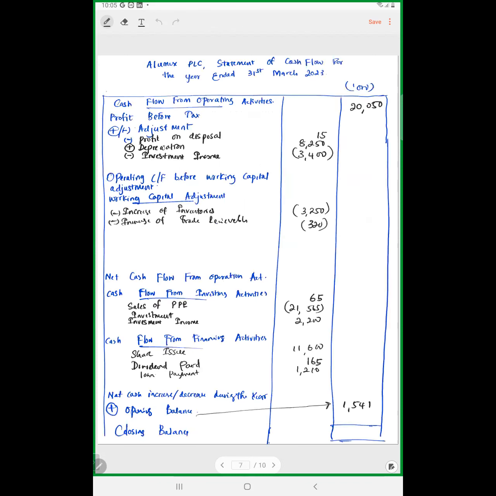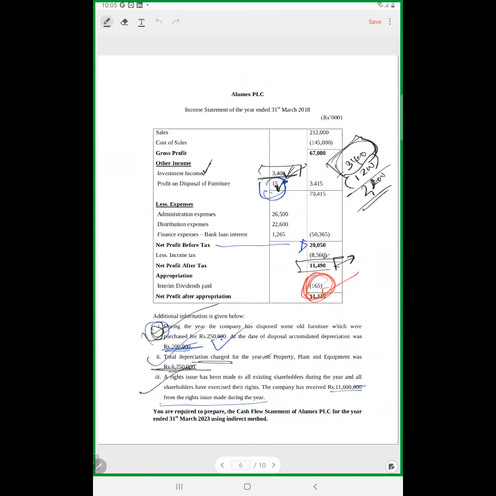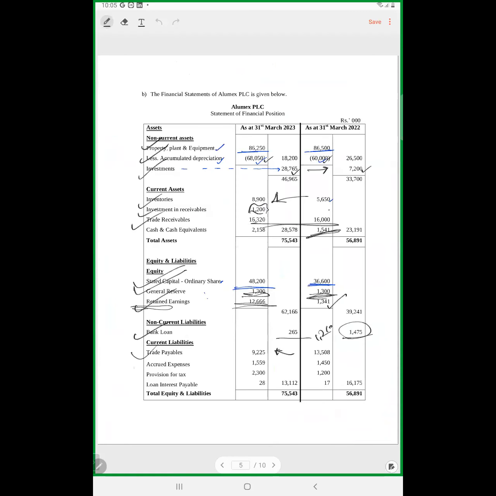We have to deduct it in the working capital adjustment. Decrease in trade payable, how much? 4,283. Yeah, thank you.